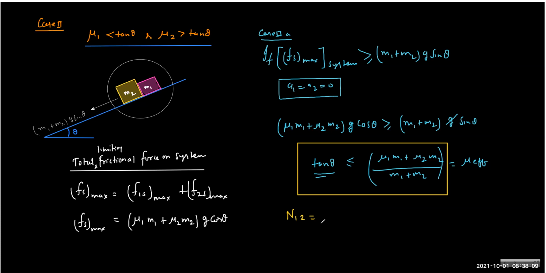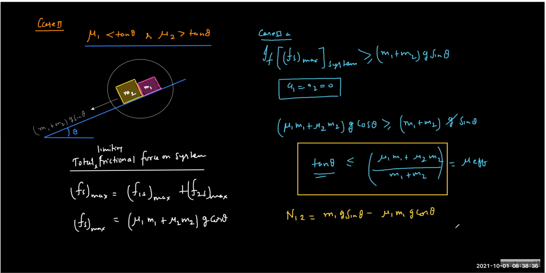One is trying to move, it means the gravitational pull on M1 is exceeding the frictional forces. So limiting has been crossed. So the additional difference needs to be supplied by the reaction force so as to balance it. So N12 is definitely the weight component of 1 minus the frictional component of 1.